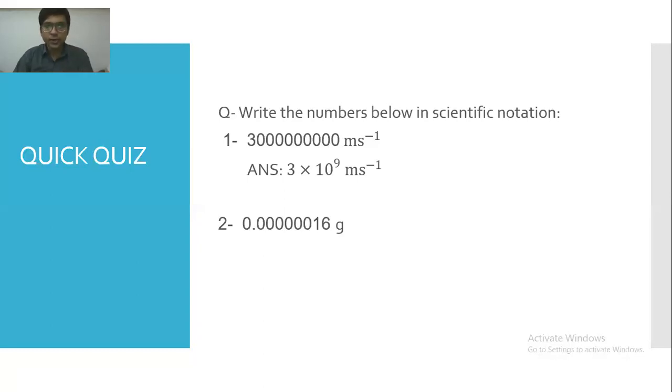So the answer is 1.6 exponent minus 7 grams. How did we find this? As I have shifted the decimal 7 digits towards the right, the power will become 7, and as I have shifted it towards the right, the power is negative. So its standard notation is 1.6 exponent minus 7 grams.